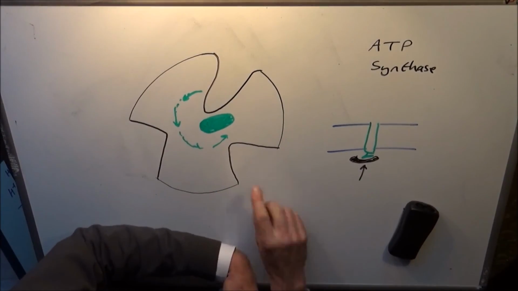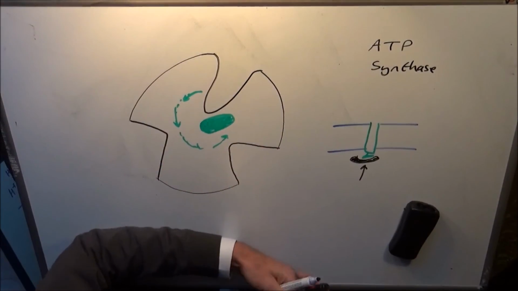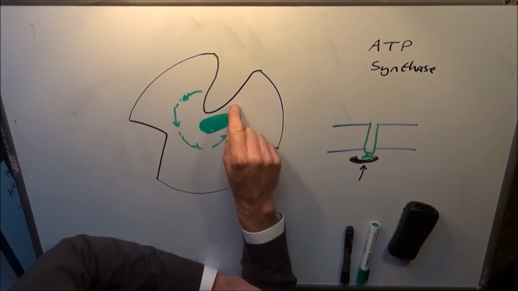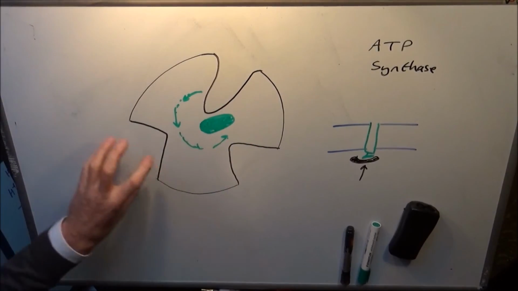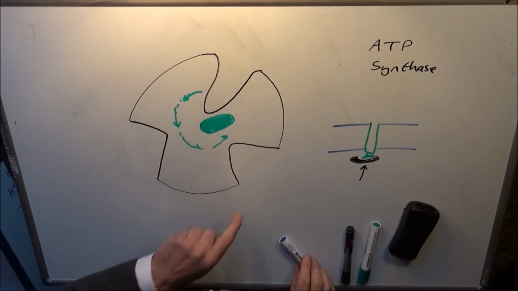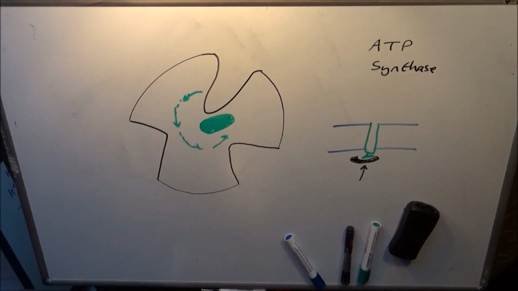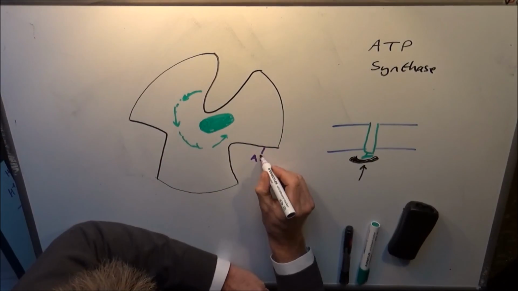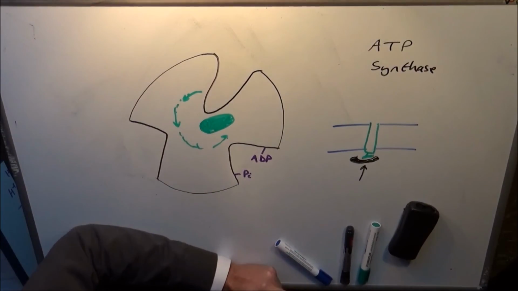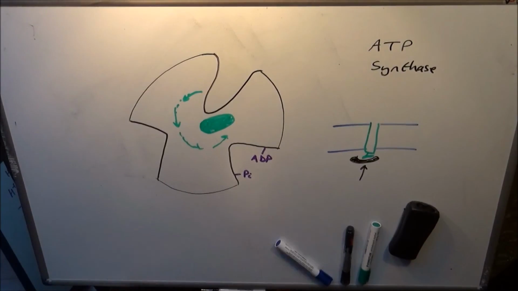So the ATP synthase has got three sort of active sites, if you like, and each one gets squashed by this lobe as it goes round. So there's always one site that's empty. We've got one site which is open, we've got another open site, and on that open site ADP attaches and inorganic phosphate attaches, but they're not close enough together for a reaction to take place between them.